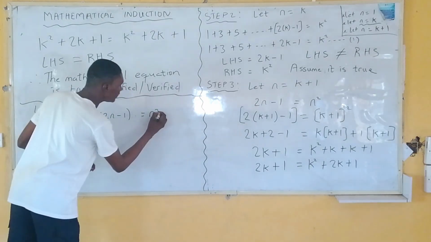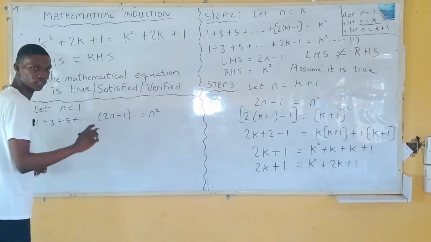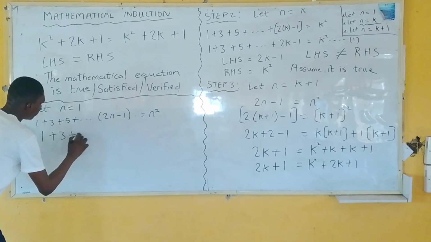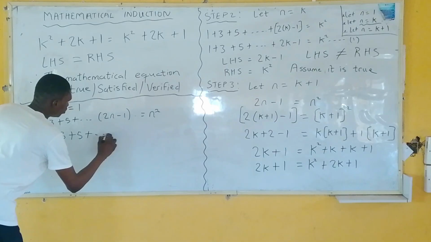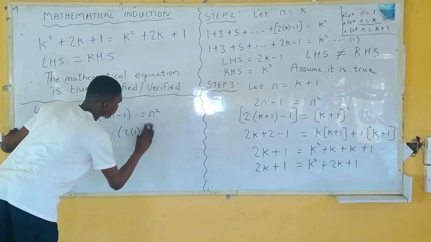We now input n to be 1. So say your n to be 1, we can then say that 1 plus 3 plus 5 plus dot dot dot 2 open bracket 1 minus 1, right?